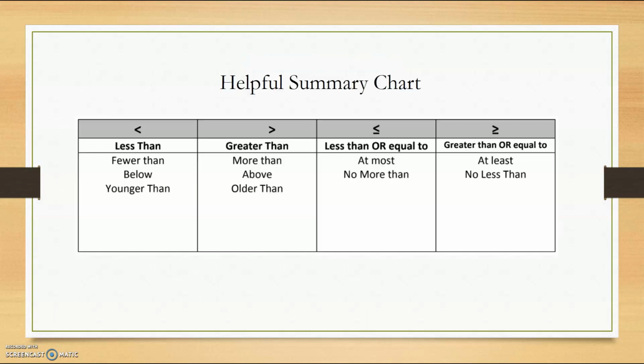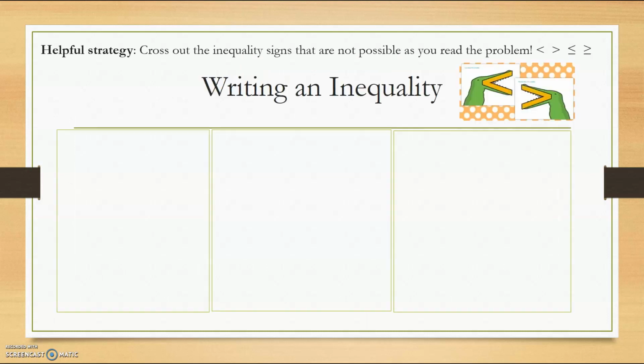Here's a helpful summary chart. You guys can pause and copy them down. All right, so a helpful strategy is when you are listing your inequalities, cross them out as you go. You'll see to the right here, we have less than, greater than, less than or equal to, greater than or equal to. I like to list them and then cross out the possible options that wouldn't work.